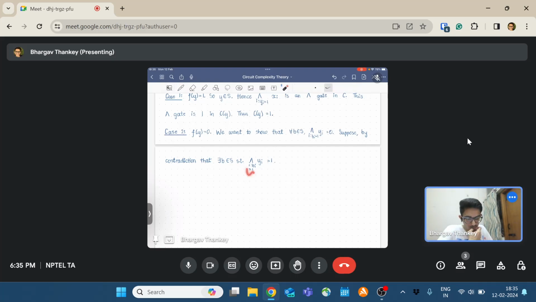So this AND gate is one. What does that tell you? When is an AND gate one? When all the inputs are one. So what does this tell you? For all i such that bi is one, yi is also one.